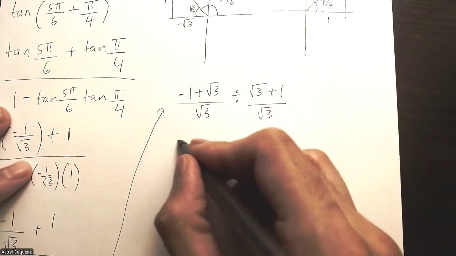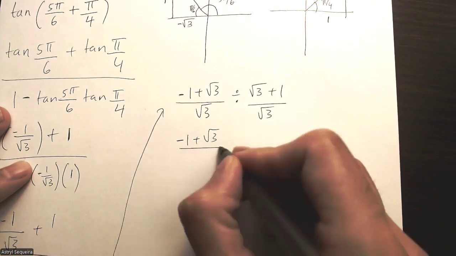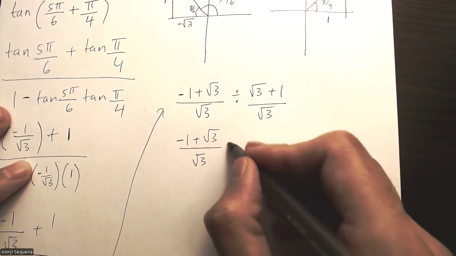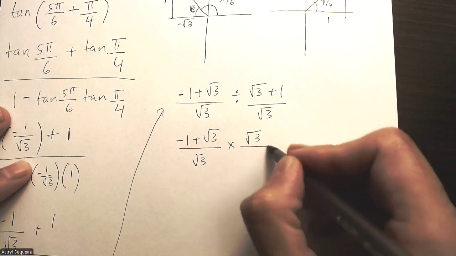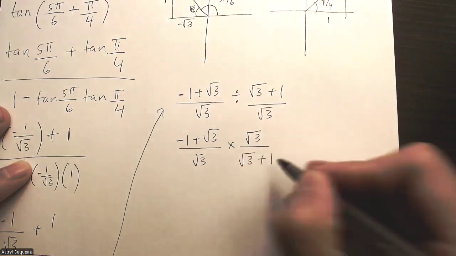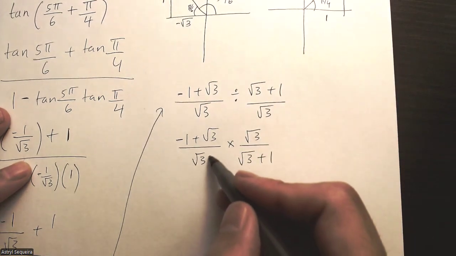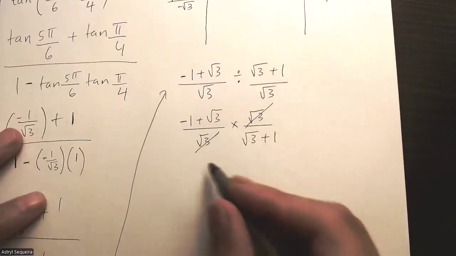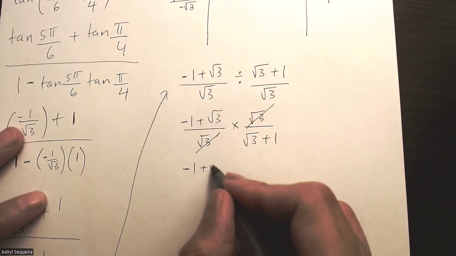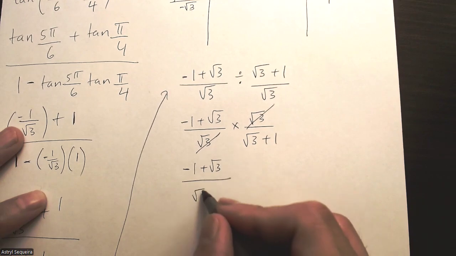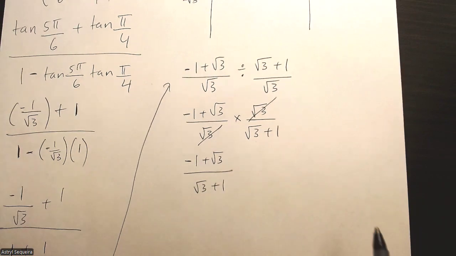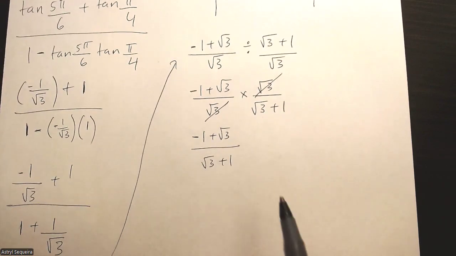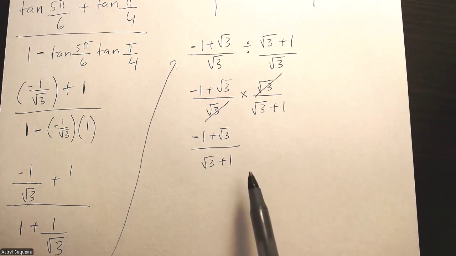I'll flip that and turn it into a multiply. So basically these two just cancel and I'm now left with negative 1 plus root 3 over root 3 plus 1. Now, if your teacher does not expect you to rationalize, this is your final solution.